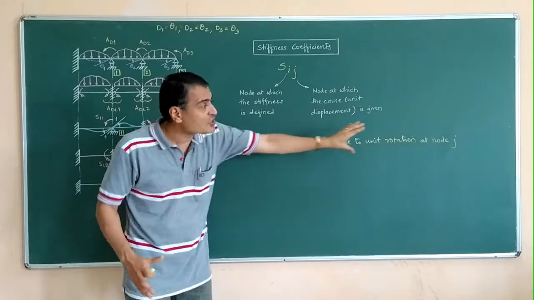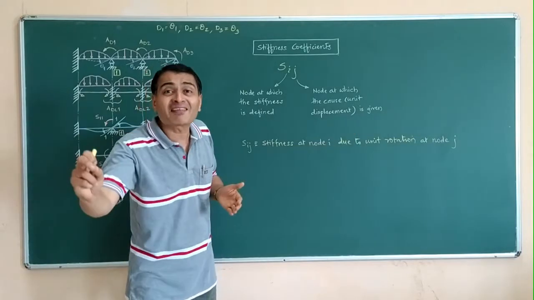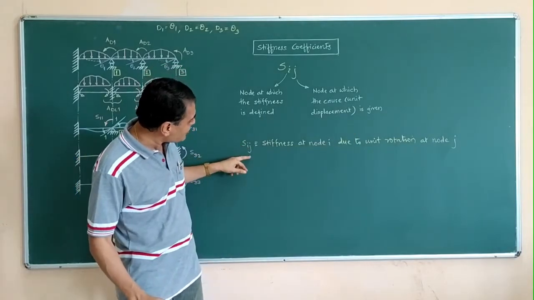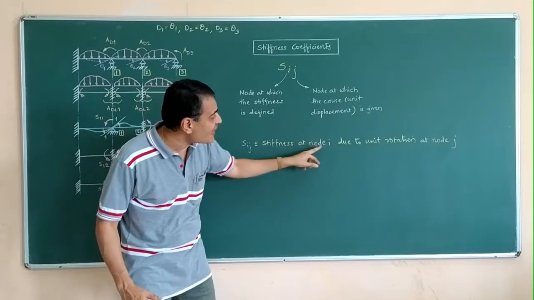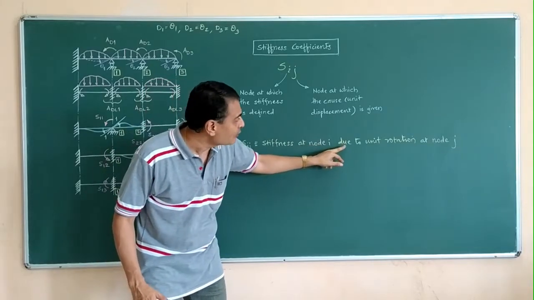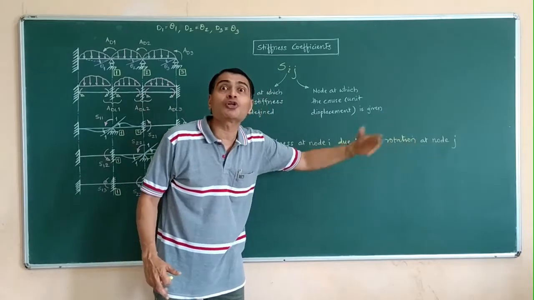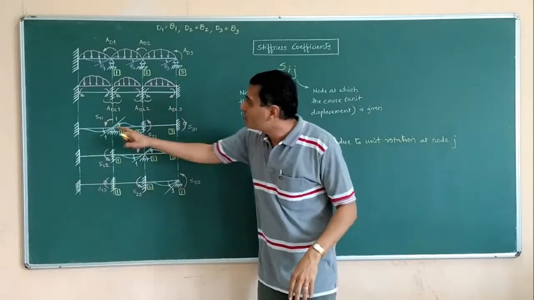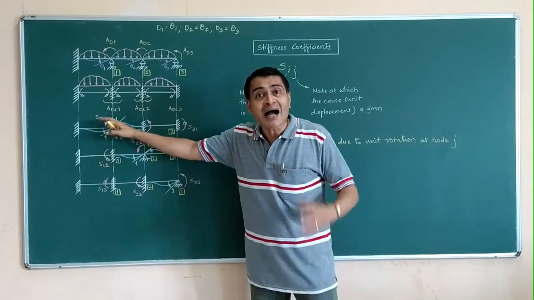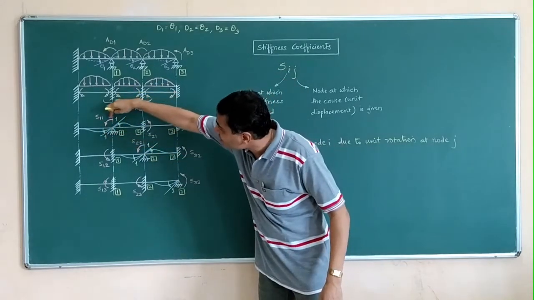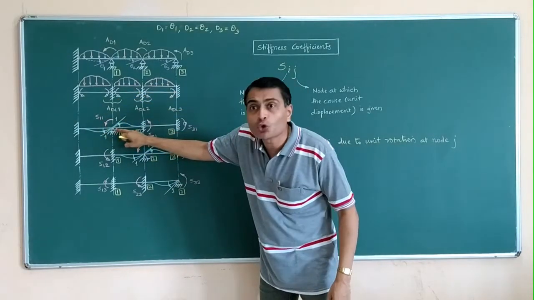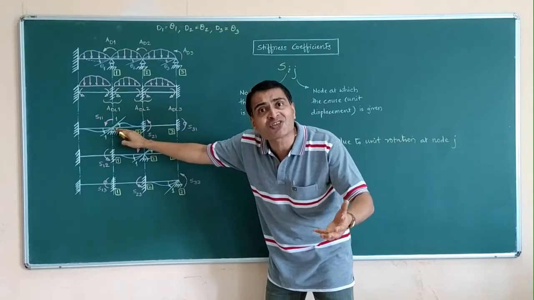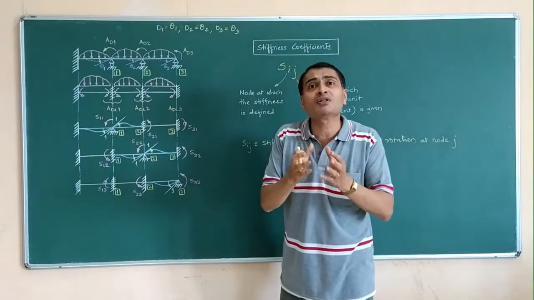Again, the same thing I have explained here, but in very clear-cut writing. Sij is stiffness at node I due to unit rotation at node J in general. So when I say S11, it is stiffness at node 1 due to unit rotation at node 1 itself. So I am calling it S1 at 1.